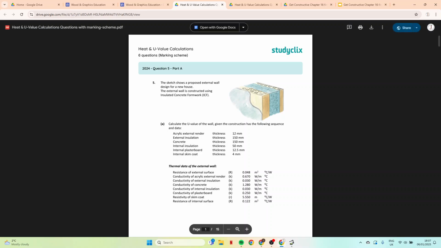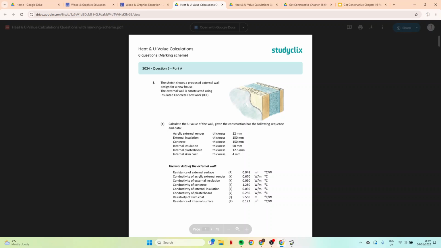Last year, 2024, it was this concrete block wall, with your insulation in the middle. The previous years, it's been floors. Generally, they will not ask about roofs or doors, just because of the complexity of it. You may be asked about a timber frame wall, in which case the working changes a little bit.